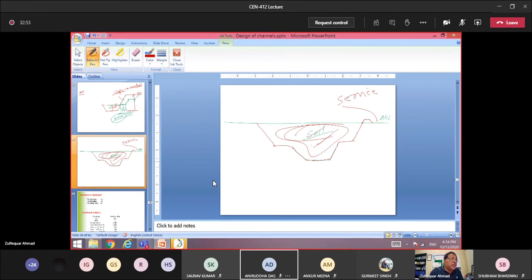So how is this excavated soil being managed? That is being managed by providing a spoil bank. This is put beyond the bank of this canal. We call that the spoil bank, right?